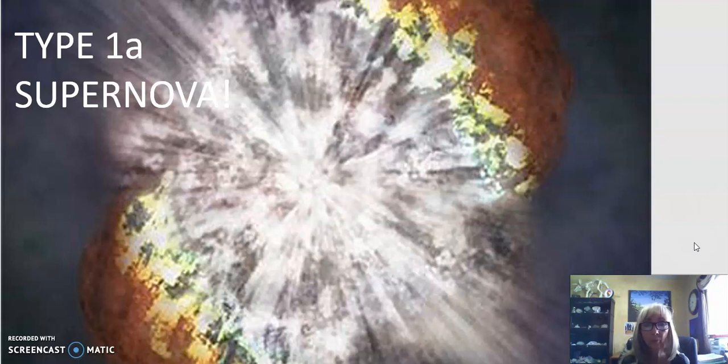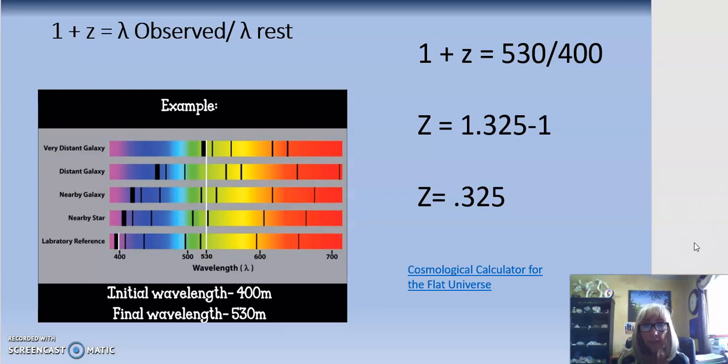Wherever it is in space, it should give off just 60 watts. Therefore, if it looks dimmer than that, it's farther away. If it looks brighter than that, it's closer. Another way we can calculate is by the redshift, where the spectra move towards the blue or the red, depending on whether the object is moving towards us or away from us. So that is another way we can calculate distance.